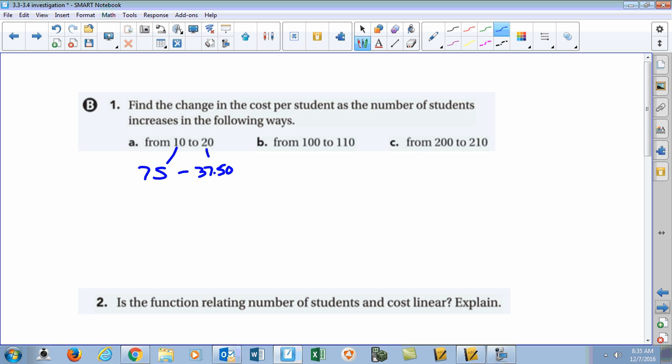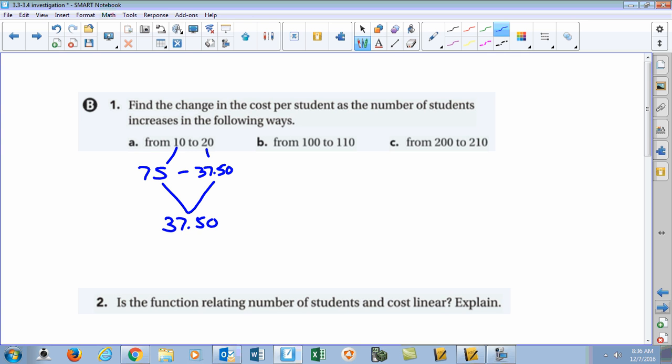Well, so if they want to find the change, what's the change from 75 to 37.5? 37.5, right? So from 10 to 20, we literally cut it in half. Okay? Kind of like we got it cut in half from 25 to 50, right? Everyone saw that on the table?